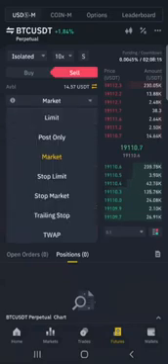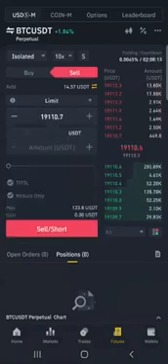Remember, while we are using limit order, we want to buy at a lower price and sell at a higher price, right? Like now the current price is trading 19,112, right? We may say we want to buy it at 19,110, right?